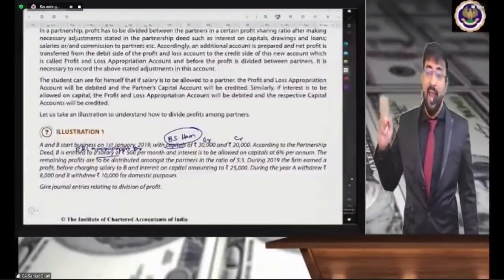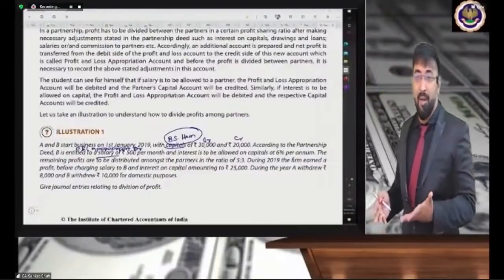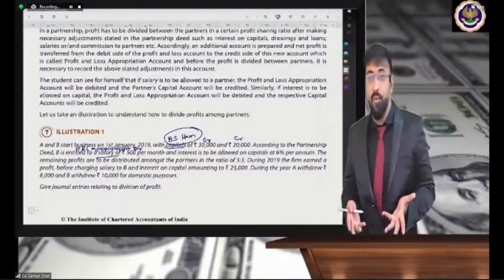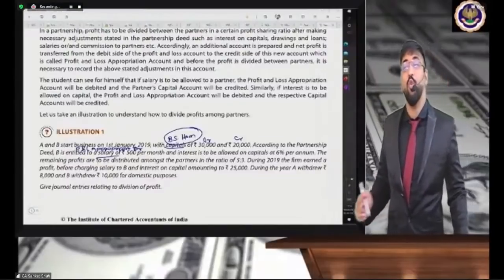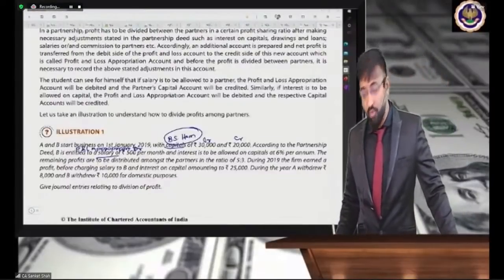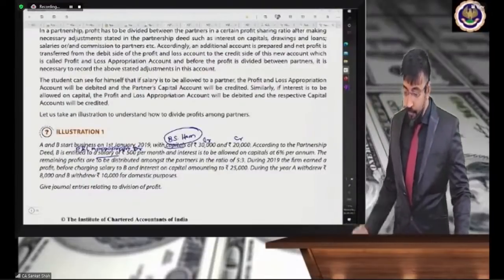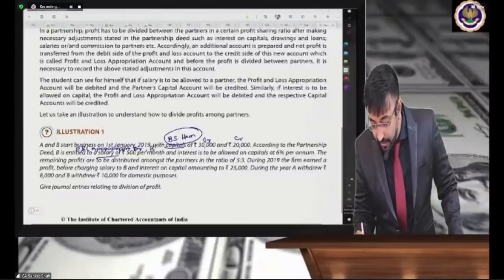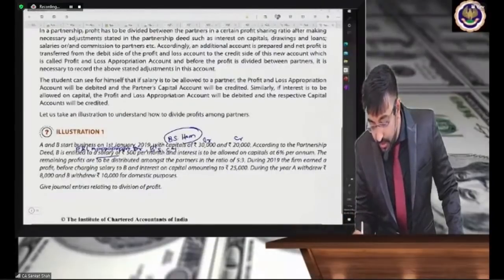And now, what is the second effect? Second effect is B's current account or capital account. Now we are not maintaining two separate accounts here, because they don't want to maintain the capital account separately. So you will give credit to B's capital account. B's current or capital, it depends on which system you are maintaining.